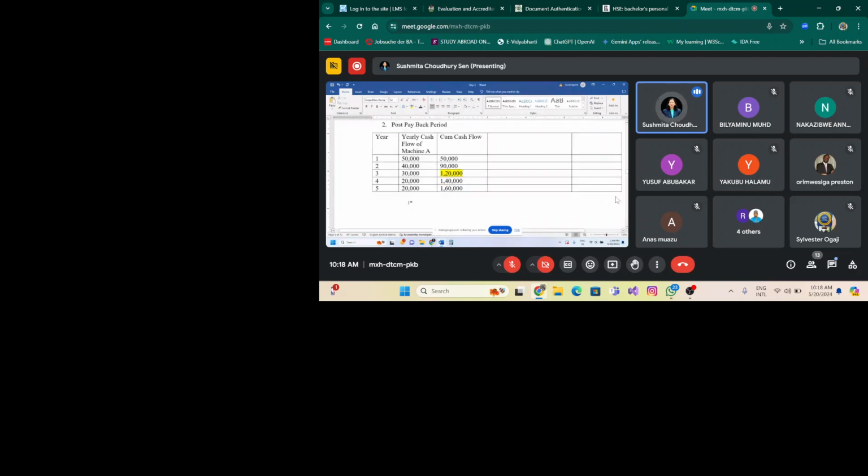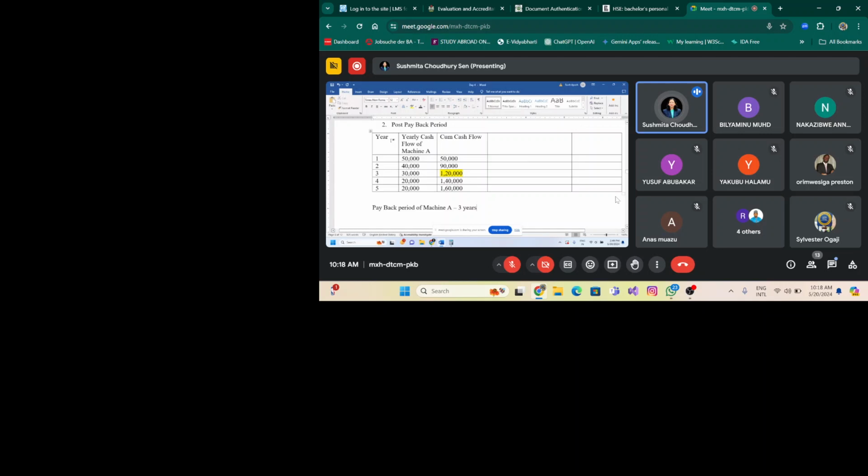And at the end, another 20,000, so 1,60,000. This is my cumulative cash flow, and as my investment was 1,20,000, I can see that in the third year I get my invested amount back. So I can say that the payback period of machine A is 3 years.